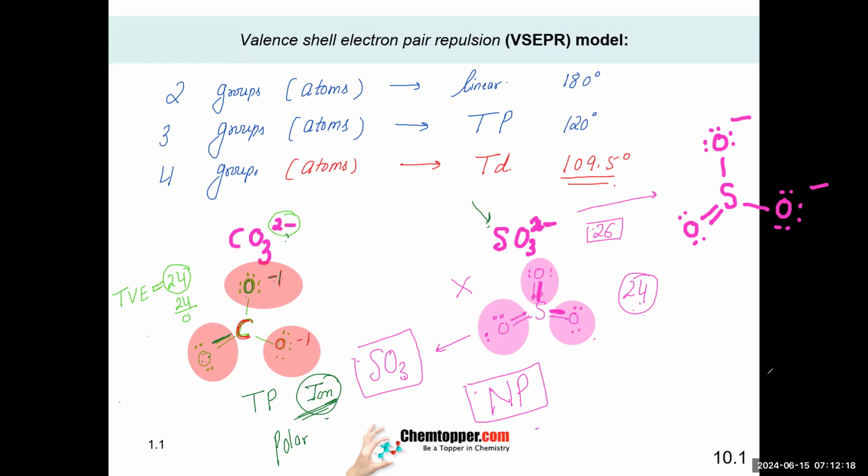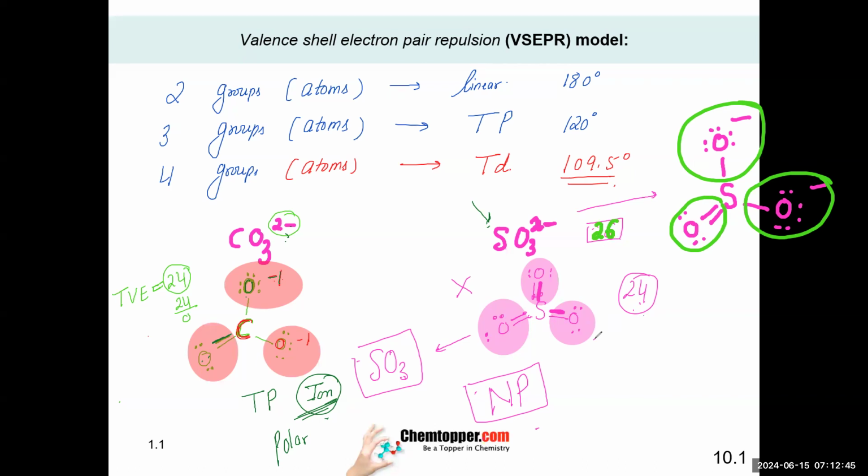Now tell me how many electrons I have used. 8, 8, 8, 24. But how many were there in total? 26.